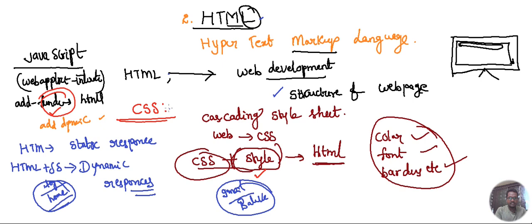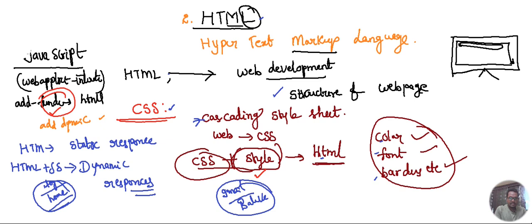And CSS is defined as cascading style sheet. With web applications, we are using CSS, and CSS is used for styles to HTML like color, font, and borders.